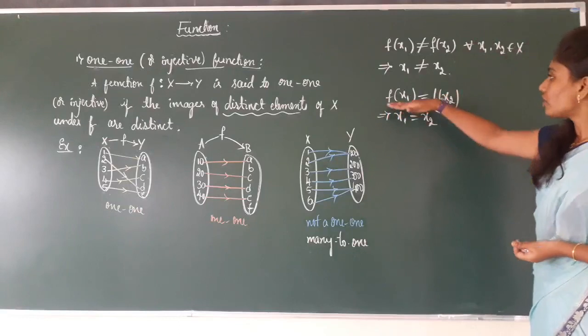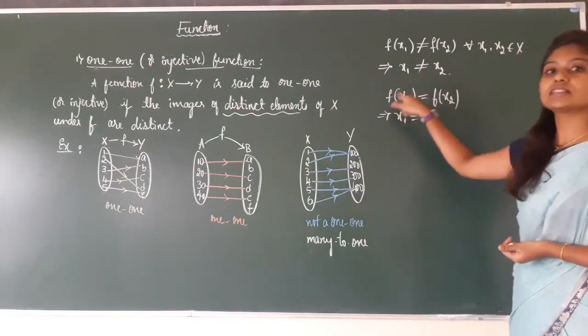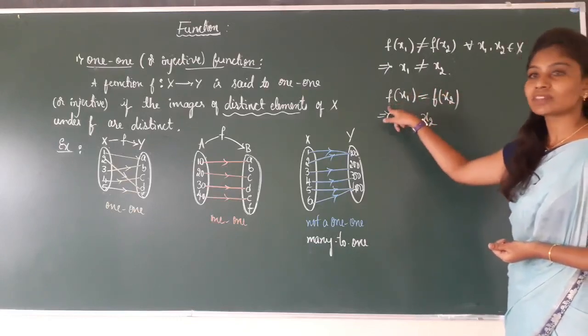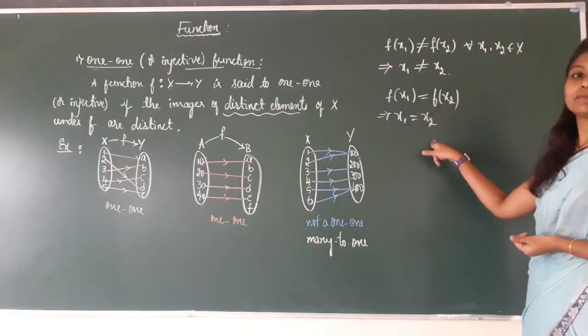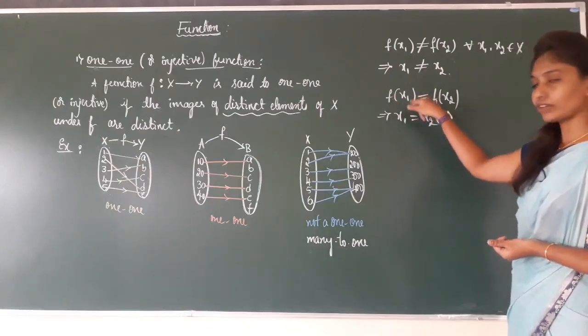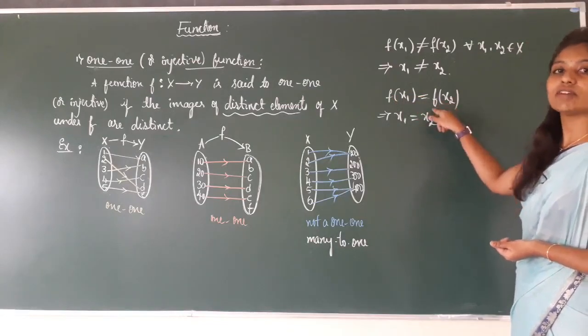Observe here, f of x1 is equal to f of x2 means those images are the same image, for the same elements. So x1 has the image f of x1 and x2 has the image f of x2.